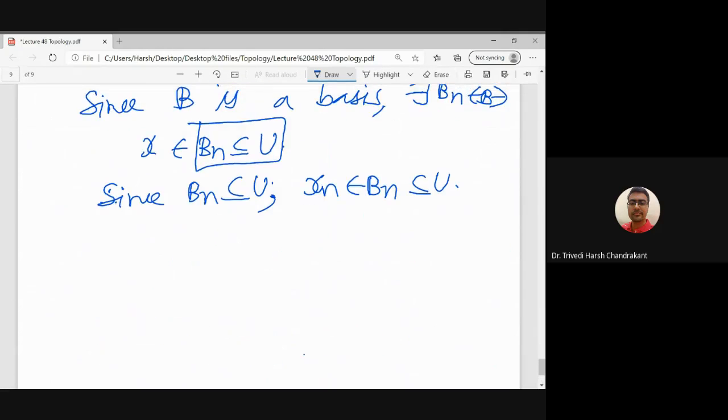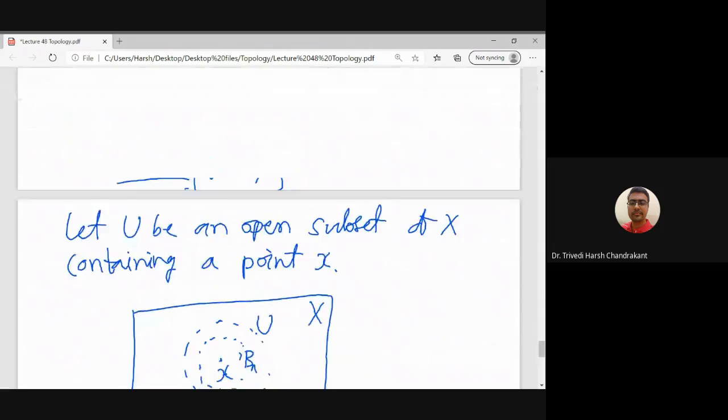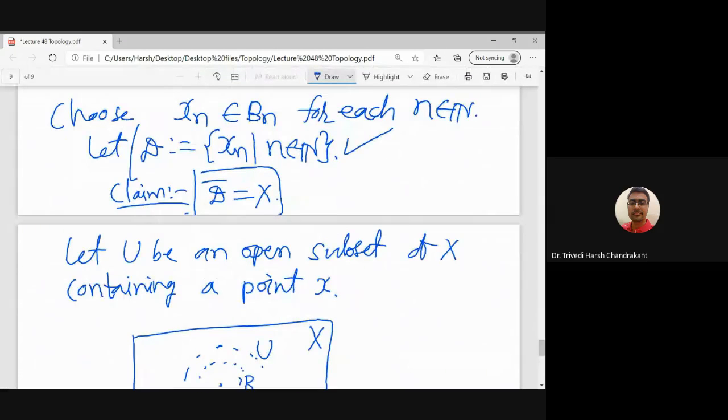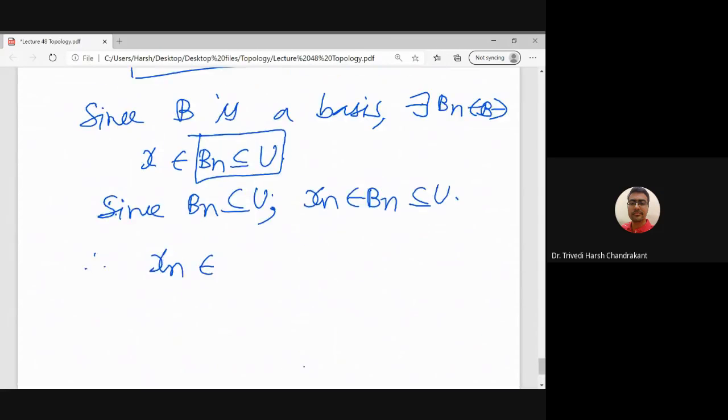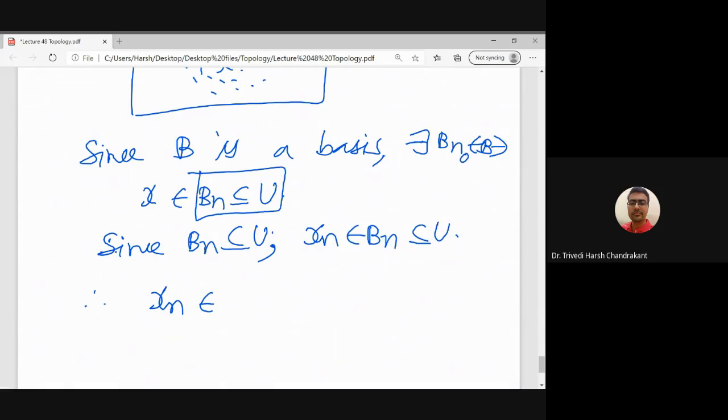And once xn belongs to Bn contained in U, we know that xn is an element of D for some particular n. If you want, we can fix this and call it n naught, which will be better.